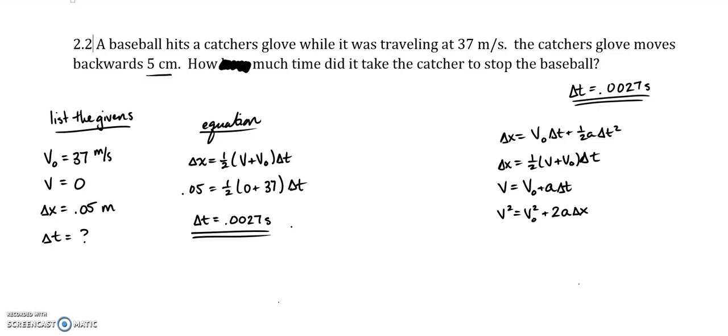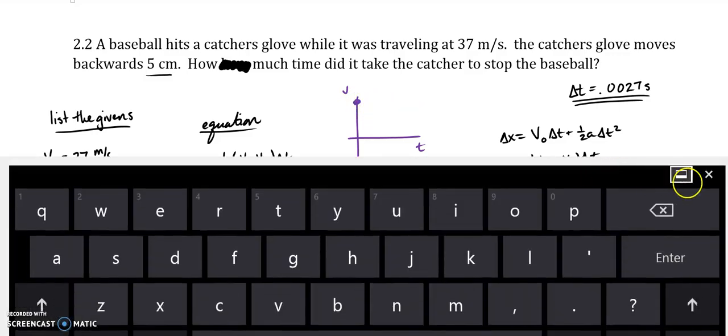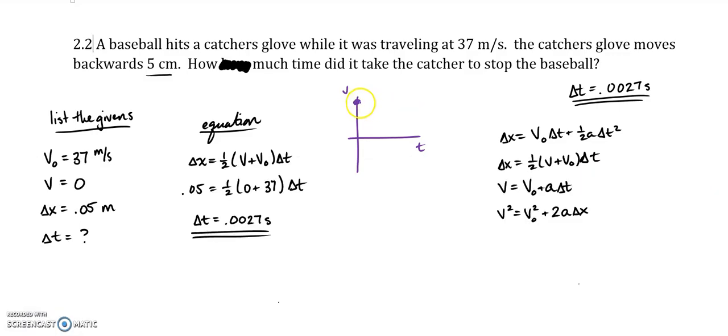Now you can double check yourself with a graph, as always. I'm just going to quickly sketch that graph out. I always draw velocity-time graphs. They're much more helpful. Your initial velocity was up there, and you come to a stop down there.